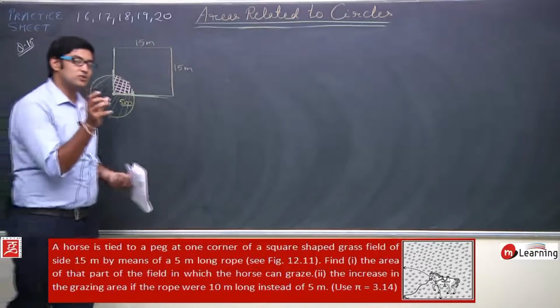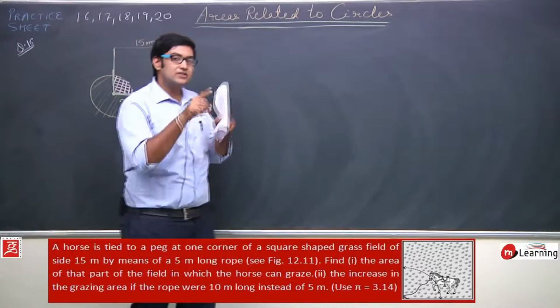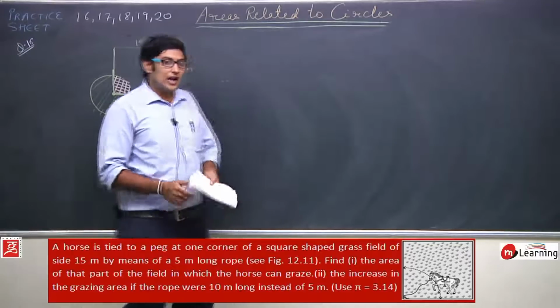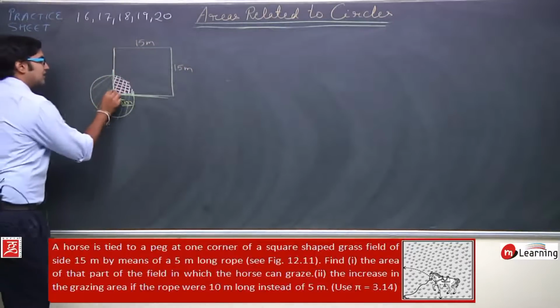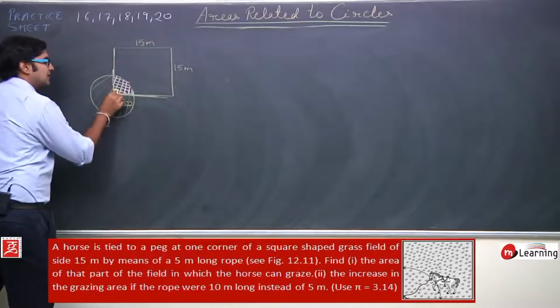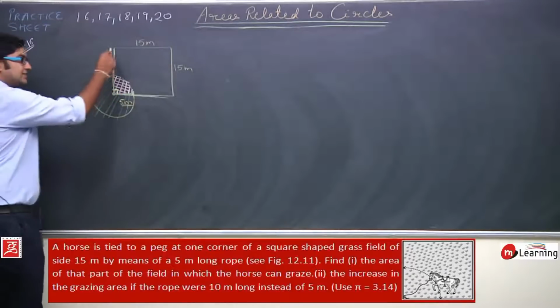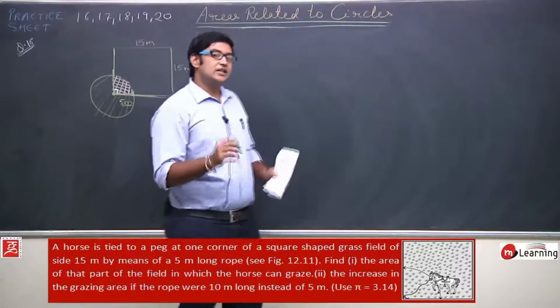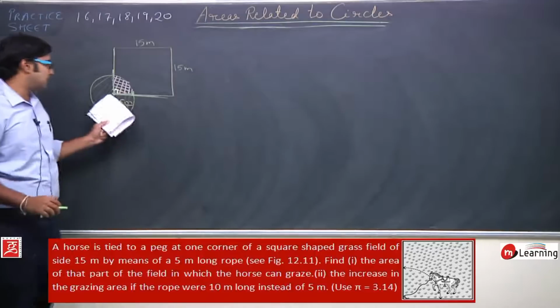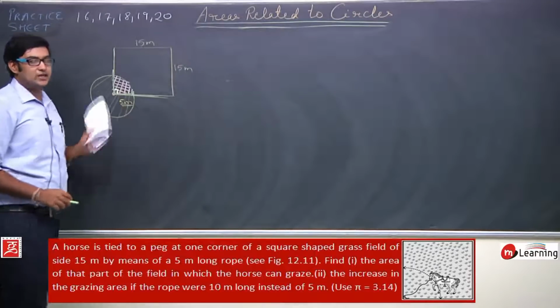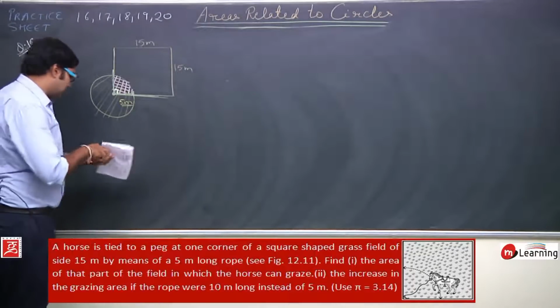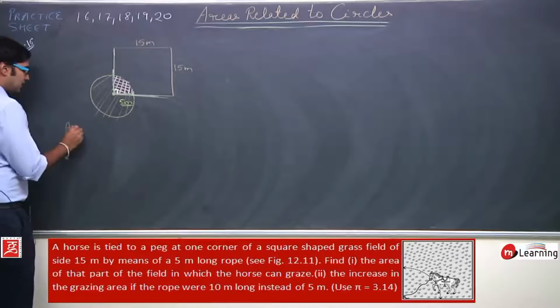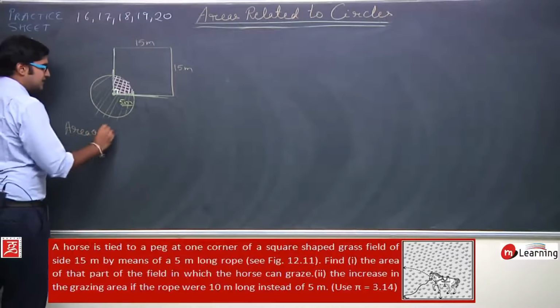This area seems to be a sector of this circle. What will be the angle that this sector subtends at the center? Since this is a square field, all the angles are 90 degrees, hence this angle is definitely equal to 90 degrees. So I need to calculate the area of the sector.